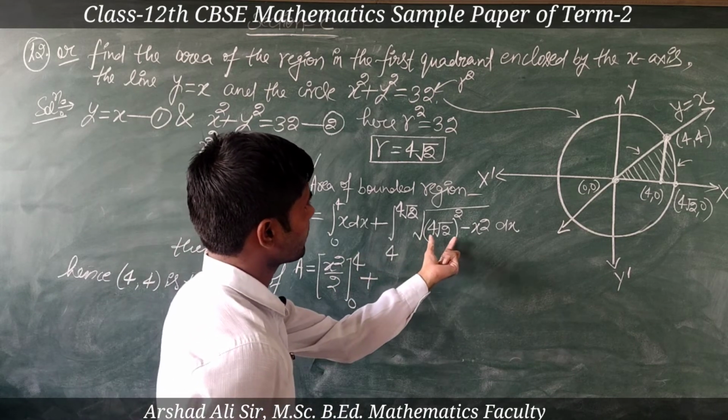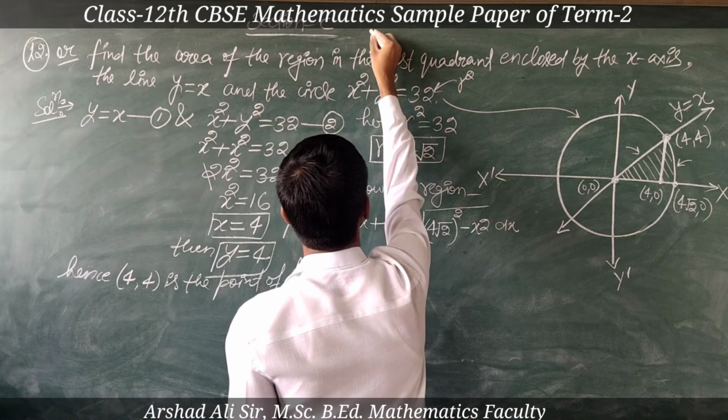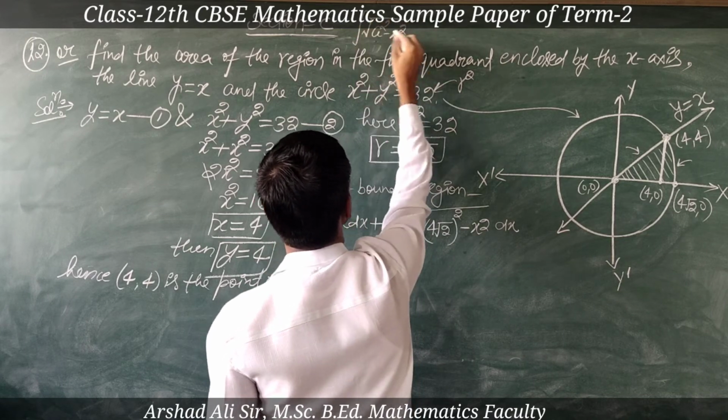it is the formula of integral of square root of a square minus x square. What will be the formula of a square minus x square? Here we can write a square minus x square in the square root.